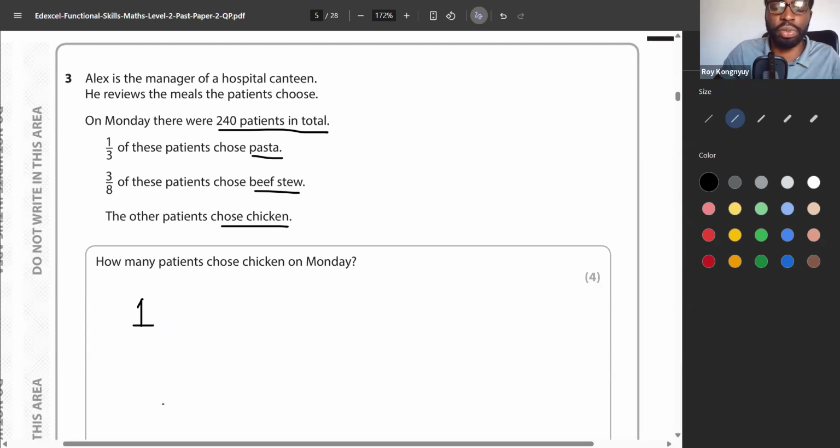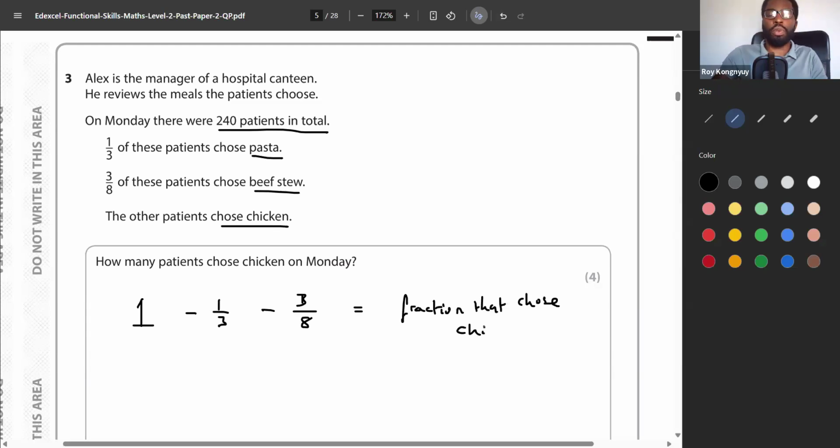So if we want to find what fraction chose chicken, we would take one whole and subtract 1/3 and 3/8. This is the fraction that shows chicken. 1 minus 1/3 minus 3/8.